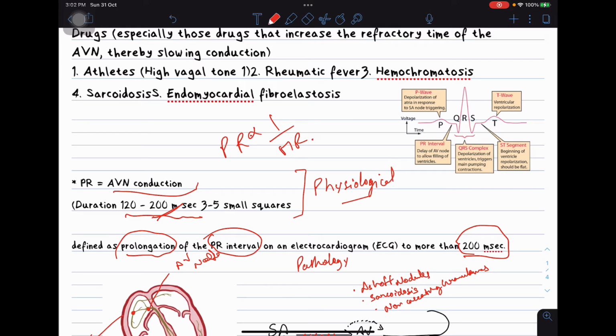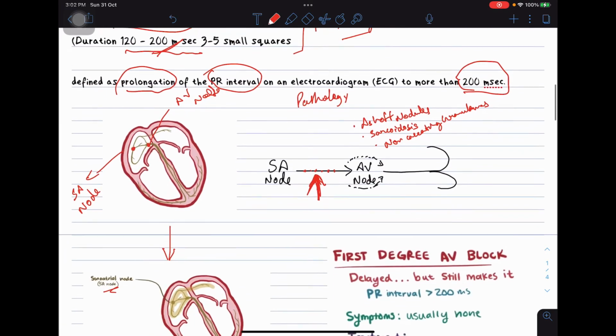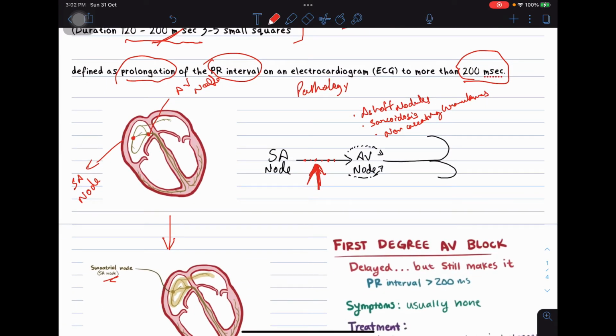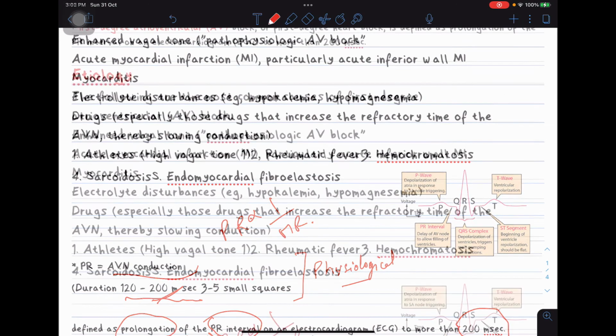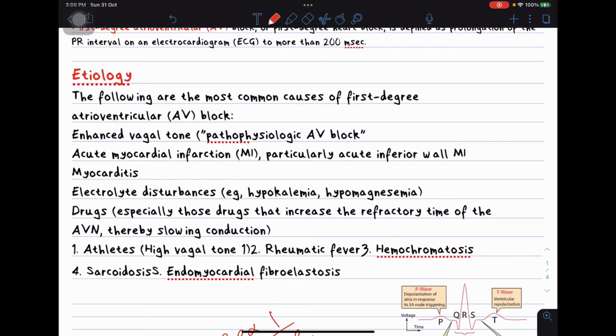But in first degree heart block, there is a pathology in the pathway that causes the prolongation of the PR interval. The etiology of first degree heart block can be enhanced vagal tone, which can cause the PR interval to prolong, and also acute myocardial infarction, particularly of the inferior wall, myocarditis, and electrolyte imbalance.